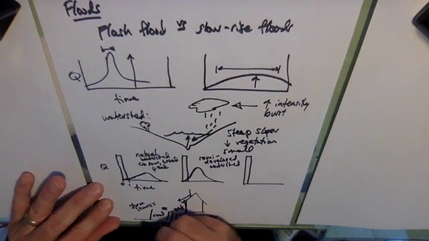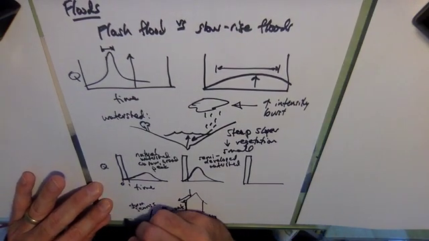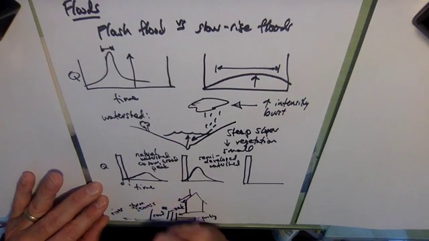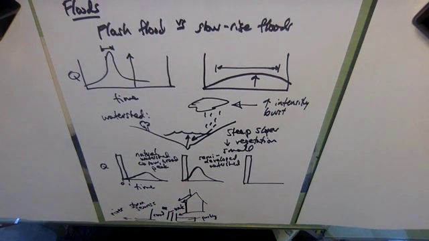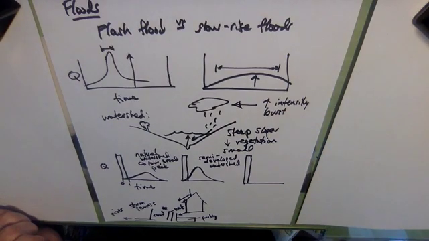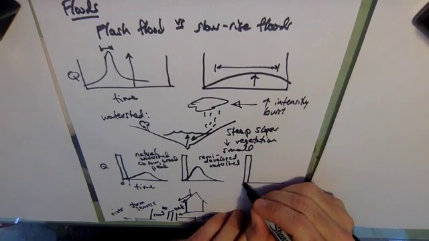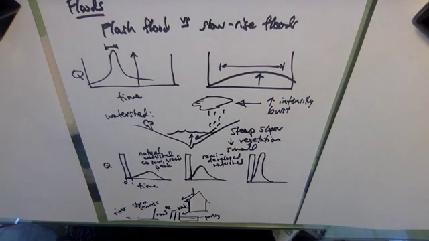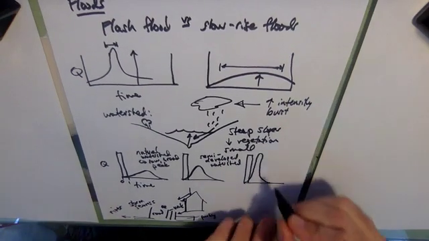So the storm sewers, which underlie the roads, basically discharge straight to the river, and the water is taken instantly off of the land surface and transferred very, very quickly to the rivers. And so in an urbanized area, we would get a spike that looks much more like this. Okay? So this would be urbanized.